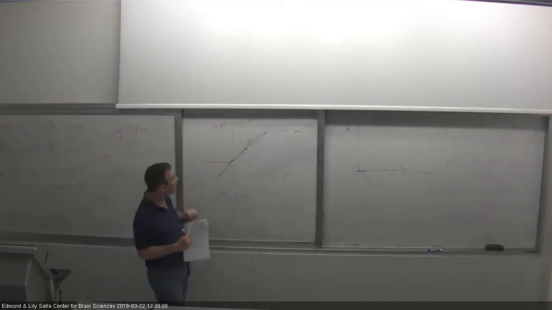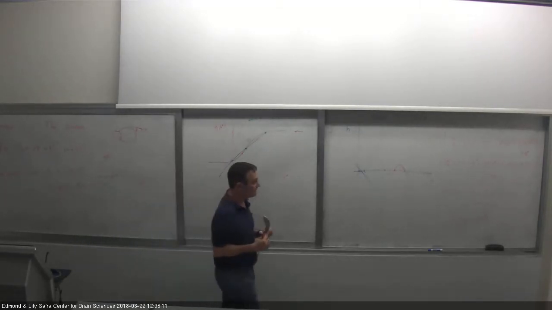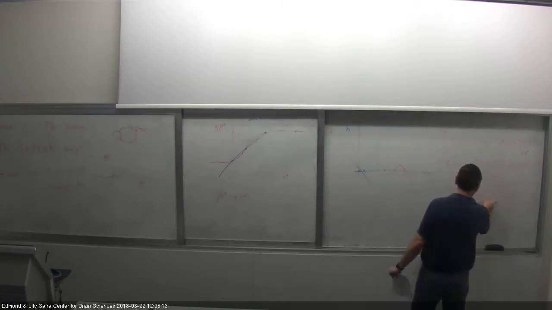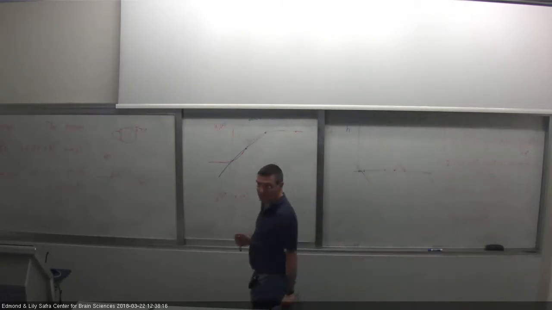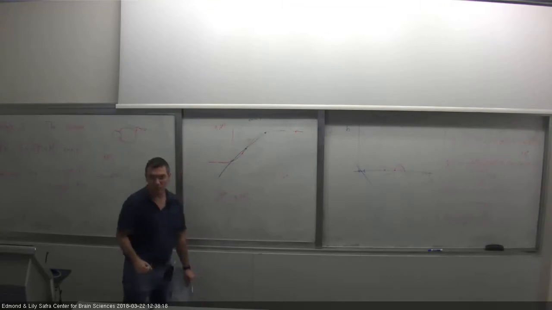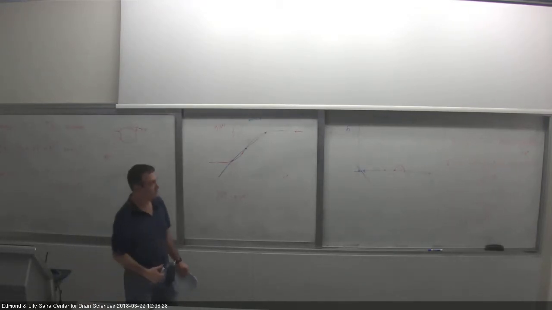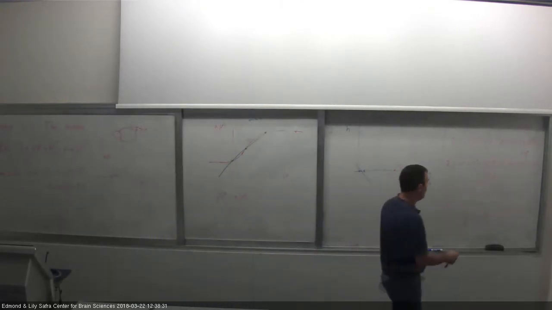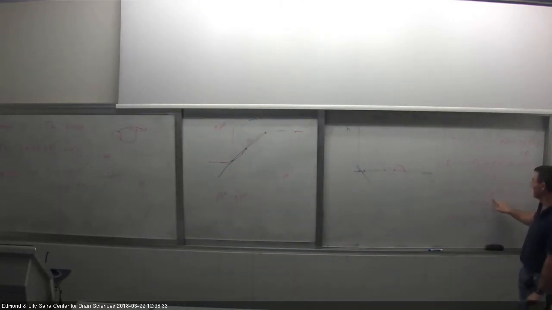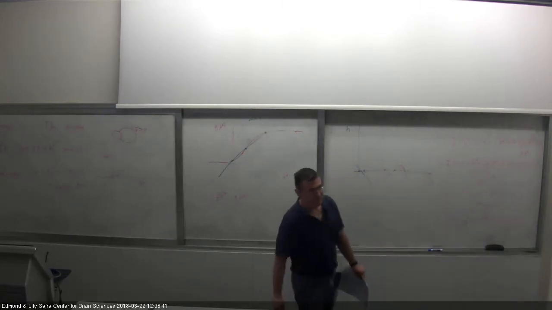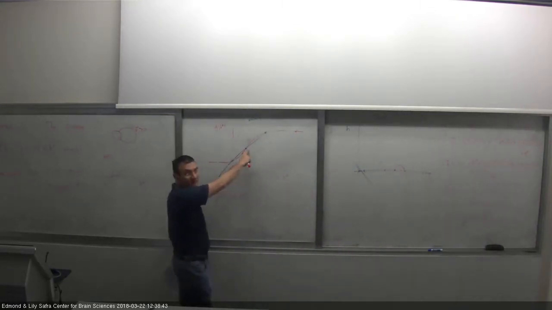So going back to this drawing, if the slope of g at the fixed point is larger than 1 over J, what will be the sign of lambda? The sign will be negative, and the fixed point will be unstable, like this one here.